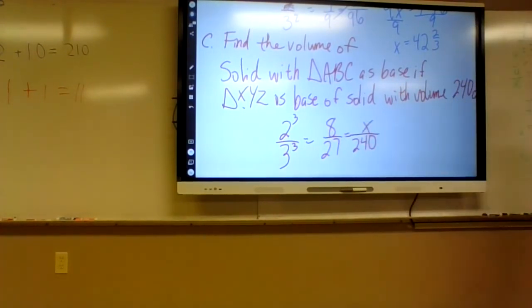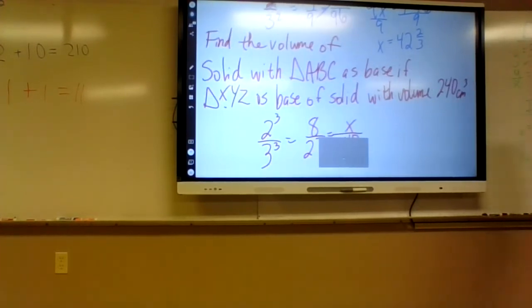We're looking for ABC, the smaller triangle, but they give us XYZ, the bigger triangle.